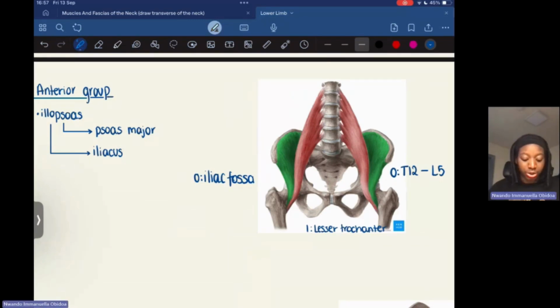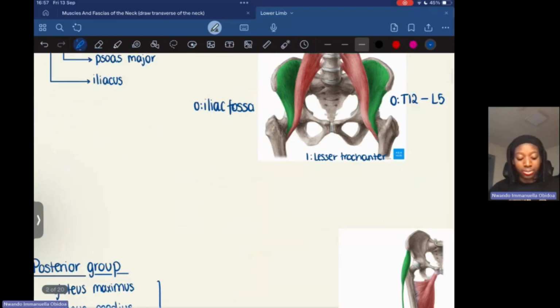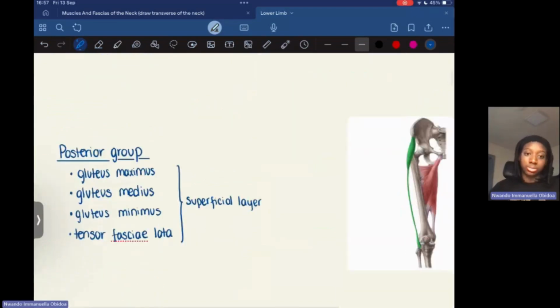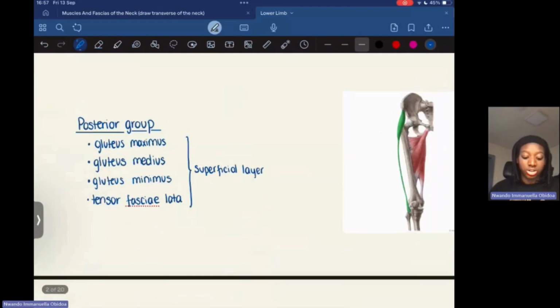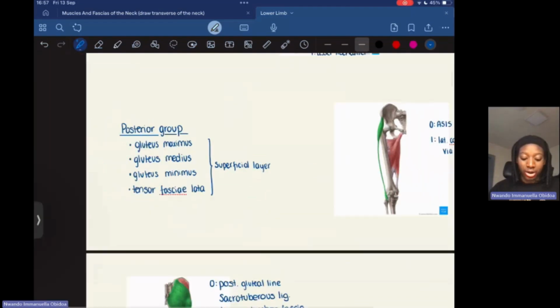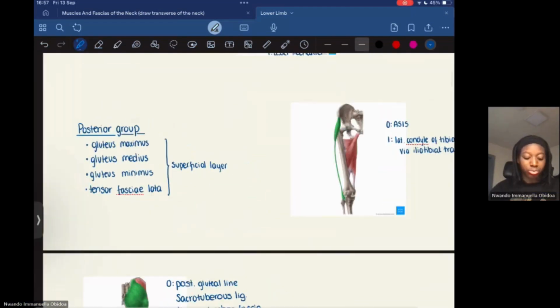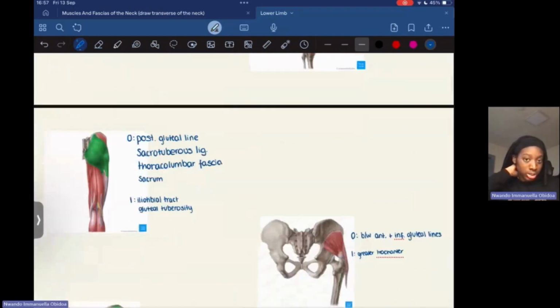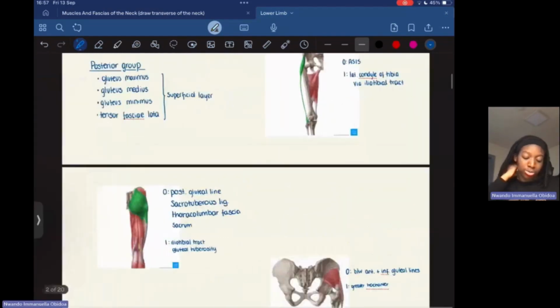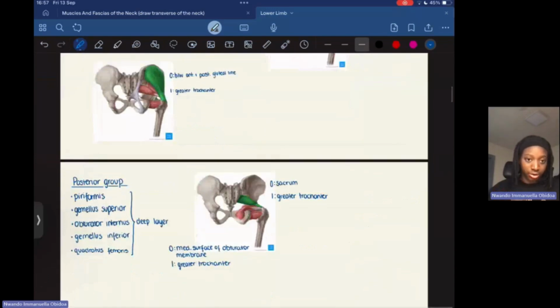Then the posterior group of the hip consists of the gluteus maximus, medius, minimus, tensor fascia lata, and then you have the piriformis, gemellus superior, obturator internus, gemellus inferior, and quadratus femoris.